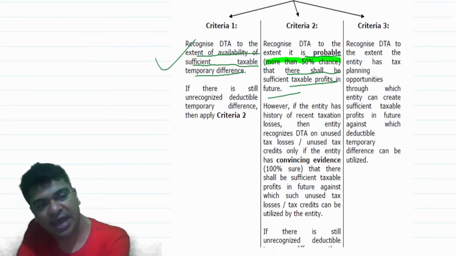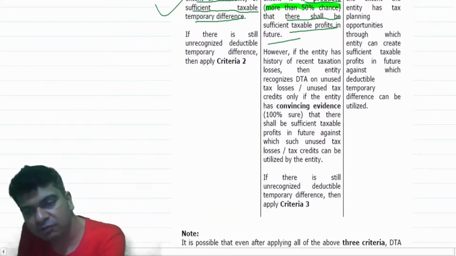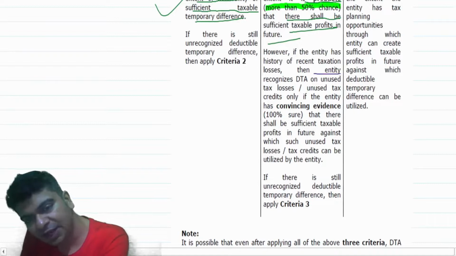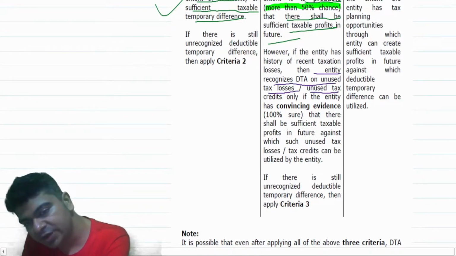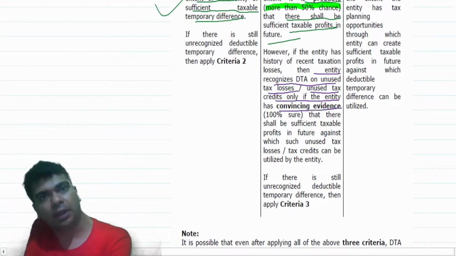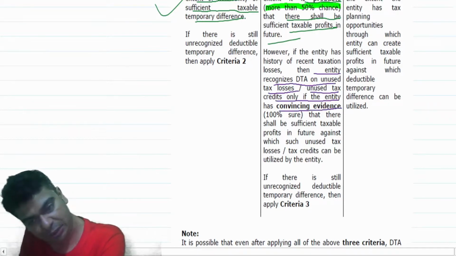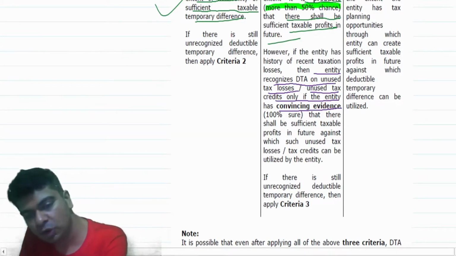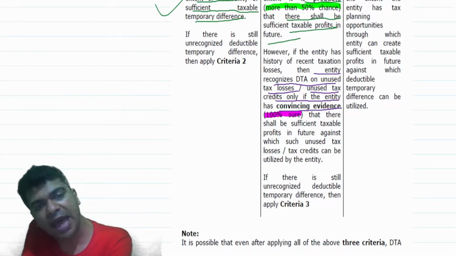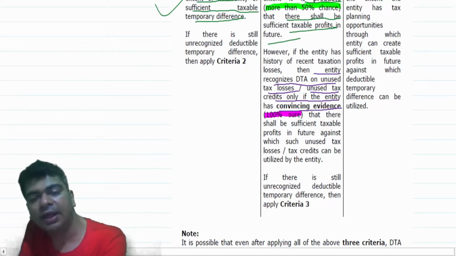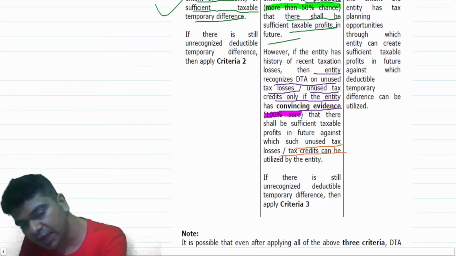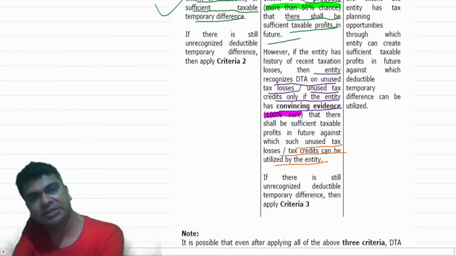If the entity has history of recent taxation losses, then the entity recognizes DTA on unused tax losses or unused tax credits only if the entity has convincing evidence. Do not forget it, 100% sure that there shall be sufficient taxable profits in future against which such unused tax losses or tax credits can be utilized by the entity.